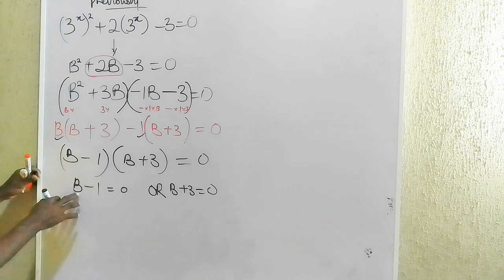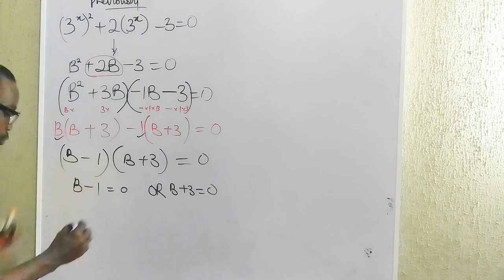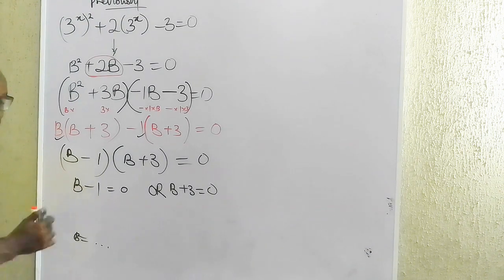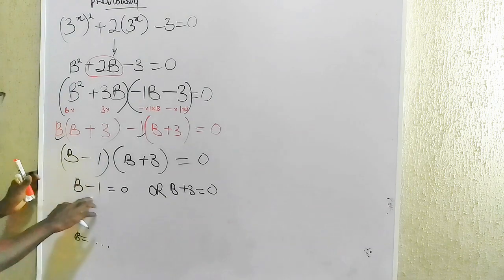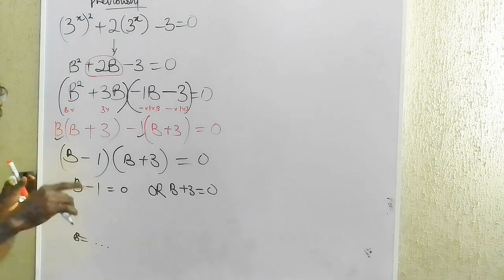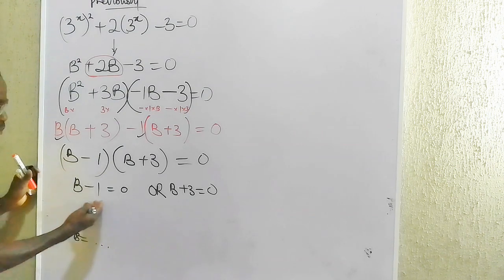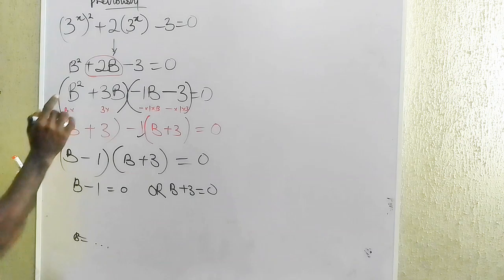So let's go. What am I looking for? I'm looking for b. So what's stopping b from standing alone? So I'm going to have b is equal to dash. It is minus 1. So what is the opposite of minus 1? The opposite of minus 1 is plus 1. So if I add plus 1 here and plus 1 here, plus 1 will cancel minus 1.